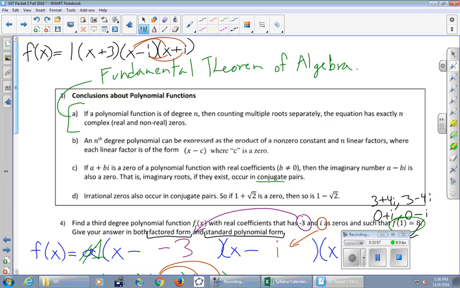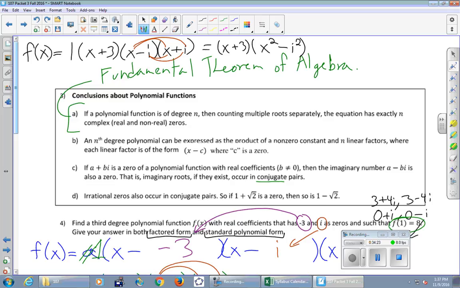So I'm copying the first stuff. f of x equals x plus 3 times, first times first, x squared. Outers, plus x times i, inners, minus x times i. Poof. Right, that's why we want to multiply these first. And then the last, minus i squared.